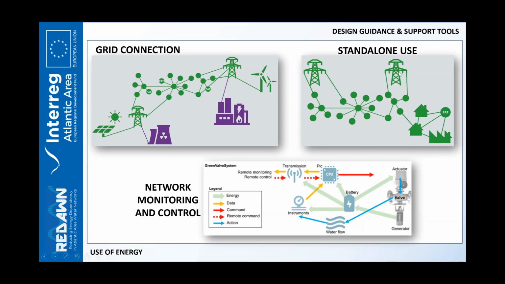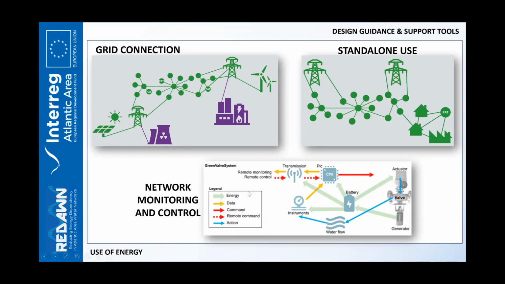Or we can think about standalone use, which means that the production point can be in remote part of the electric grid, as in this example, or can be totally disconnected. We can think to delete this link, and we can use the hydropower to feed remote areas with locally produced energy.